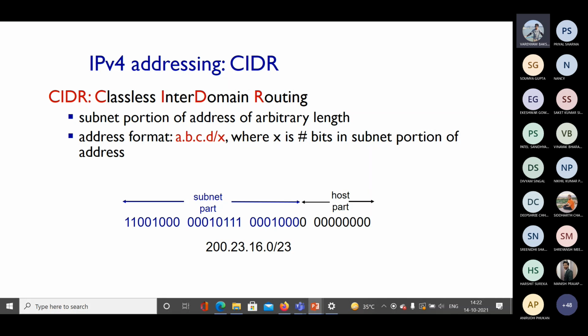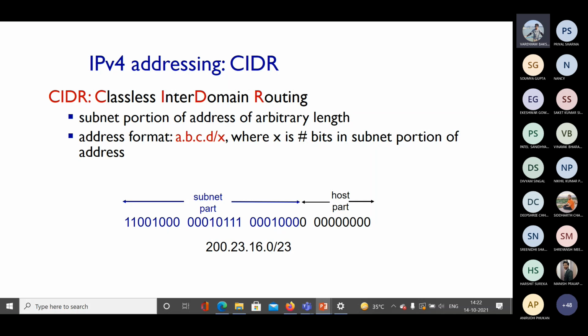IP addresses are there, the entire address space, and somehow you get to know what the subnet part is and what the host part is. We have already studied how we know the subnet part and the host part in our last class. We know that the subnet address is given by the ISP, and the host gets the corresponding address from the rest of the subnet.